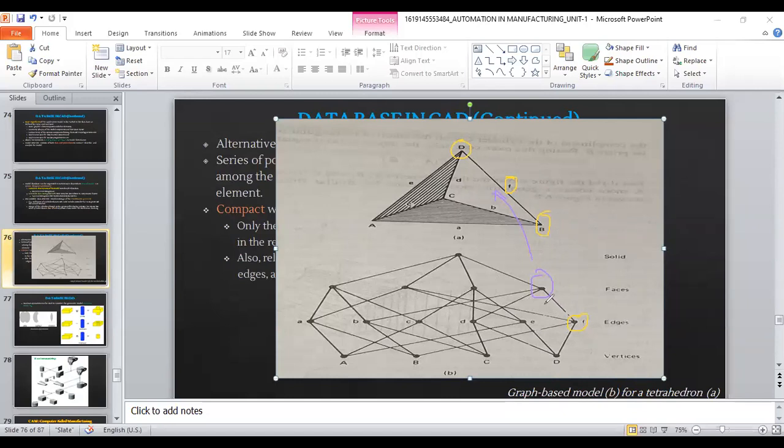That's one way of representing it. This is called the graph-based model, as I have written here. Okay. Any doubts regarding this? Graph-based model of storing in the database. Yes.